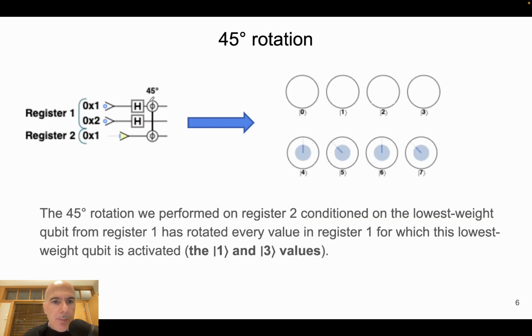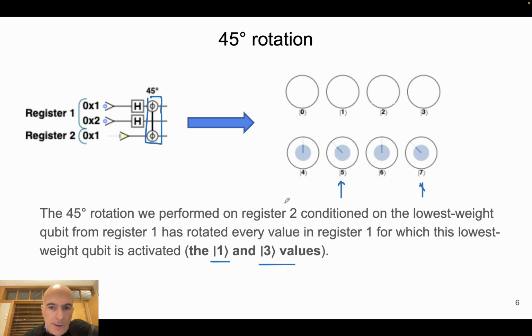Then if we apply a first C phase of 45 degrees, we see that the C phase only works on the states 1 and 3, so we apply a relative rotation with respect to the 0 state.